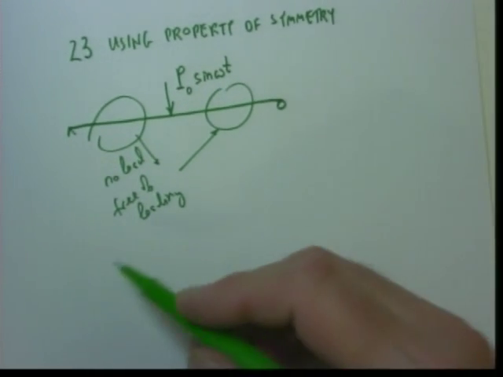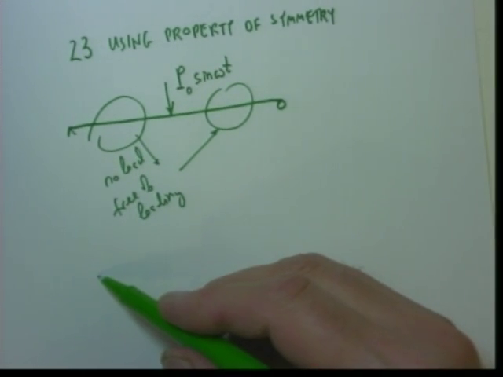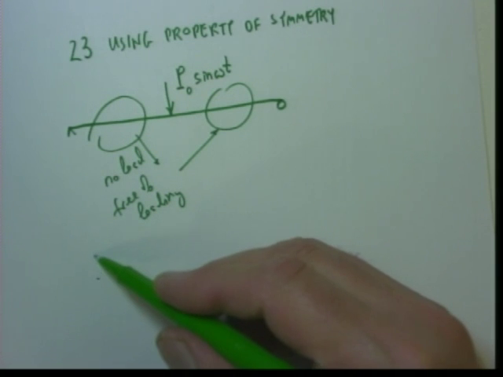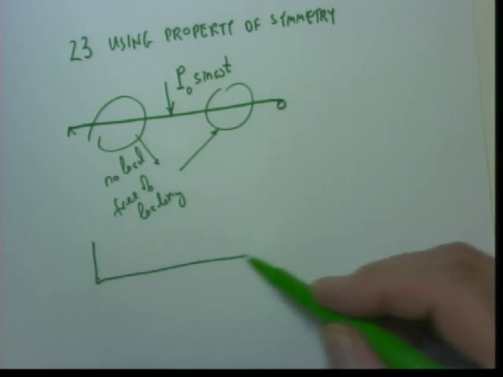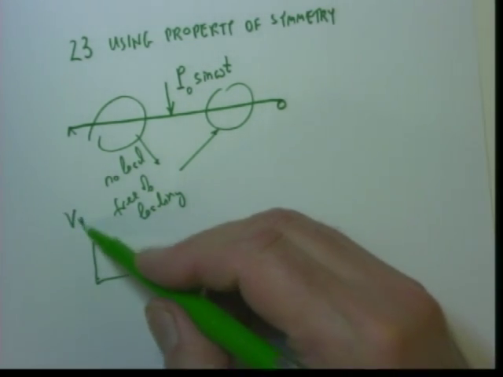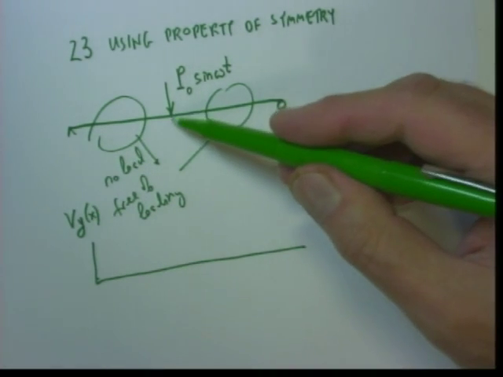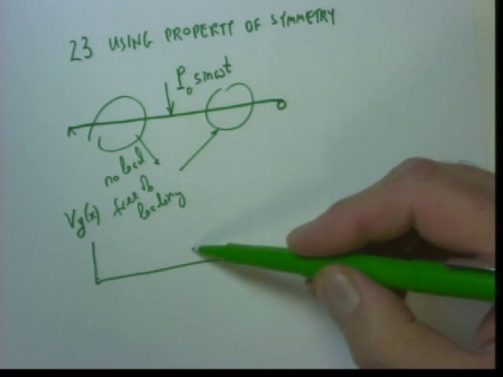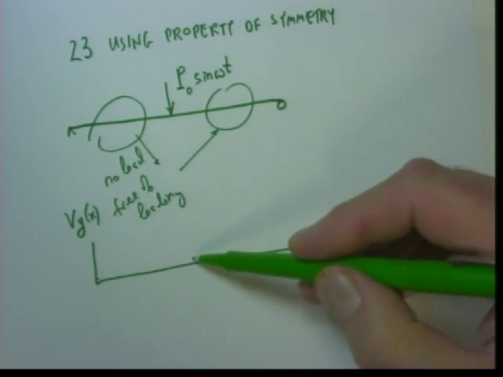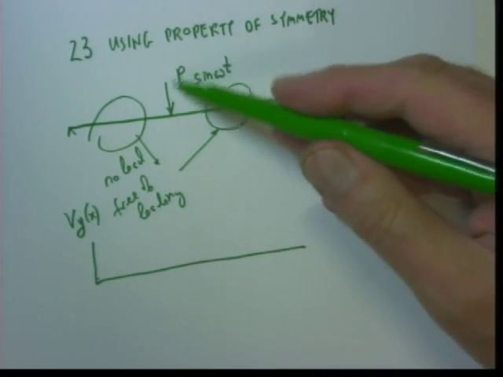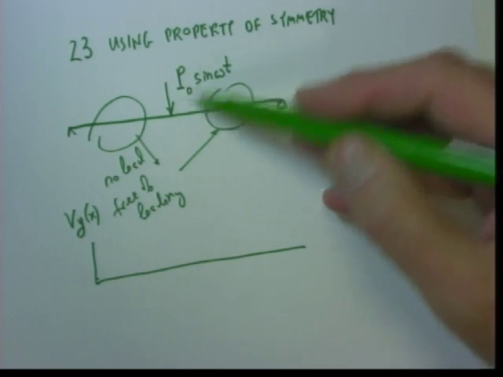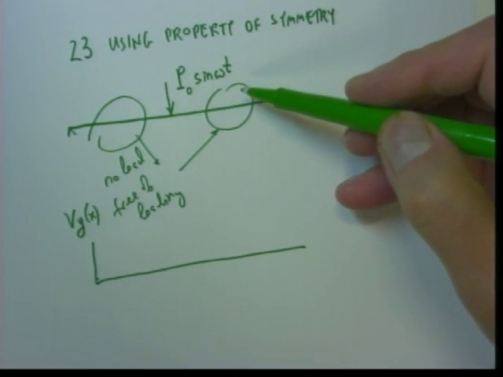So now, if I depict the shearing force, Vy of x, at this location there should be some jump down. Now, this jump, of course, equals P sub 0 sine omega t.